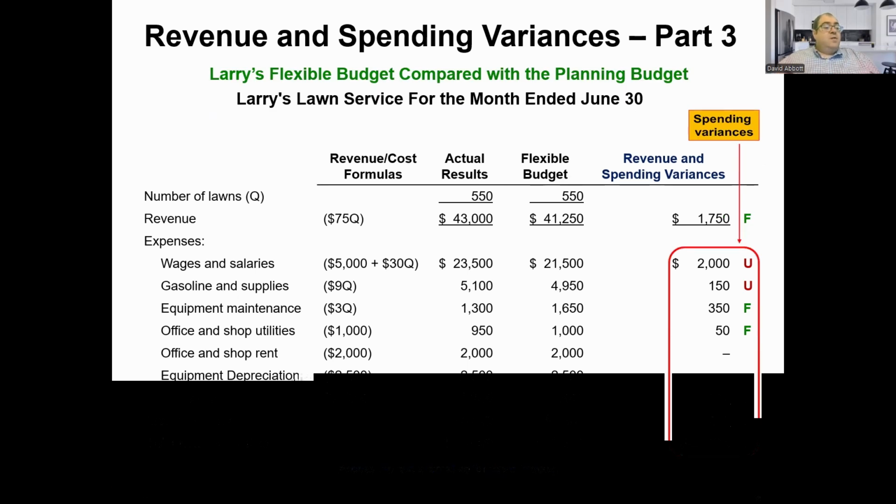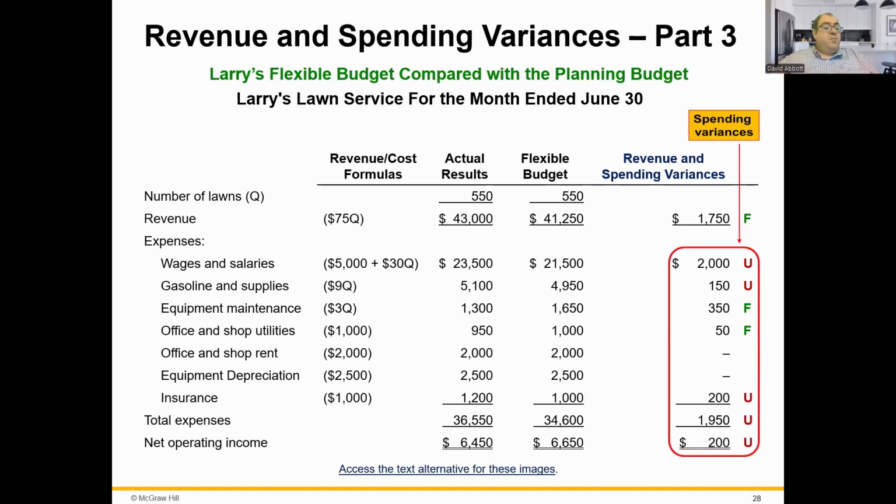Now, the 1,950 unfavorable spending variance indicates that total expenses were 1,950 greater than what would be expected for the activity level of 550 lawns mowed. The overall net income was $200 less than what was expected for the activity level of 550 lawns mowed.